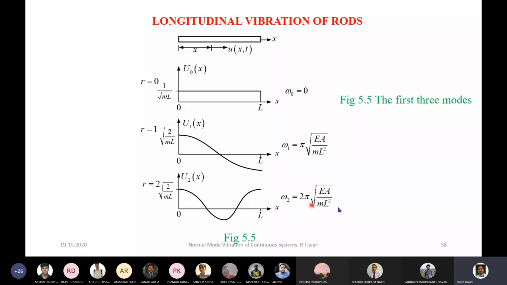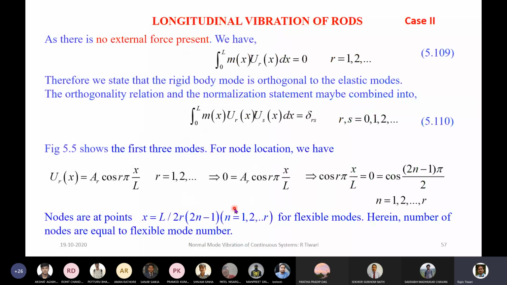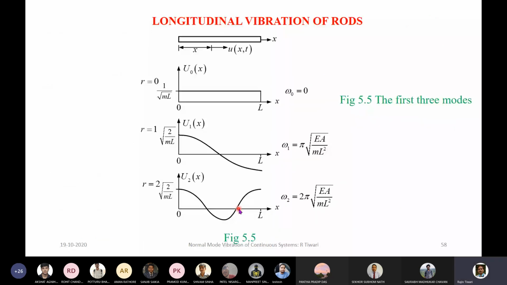In the second natural frequency of the flexible mode, there will be two node positions which can be obtained from this expression. So there will be three parts of the beam, with a node in between. This part and this part will have the same direction of displacement, and the part in between will have the opposite direction to these two.